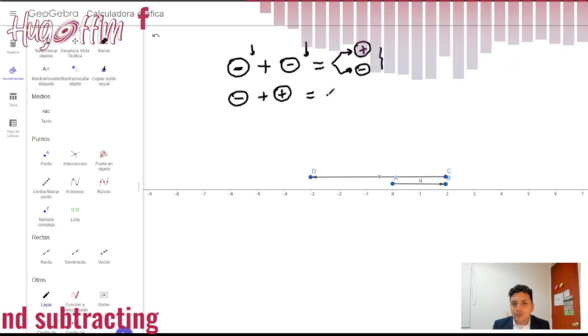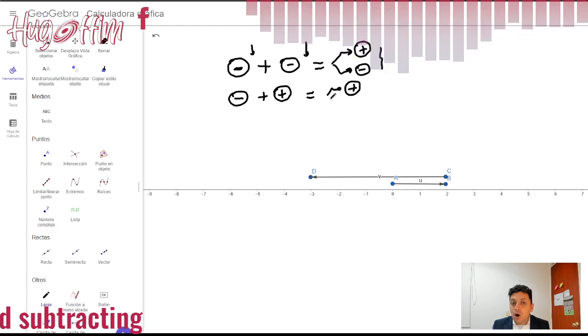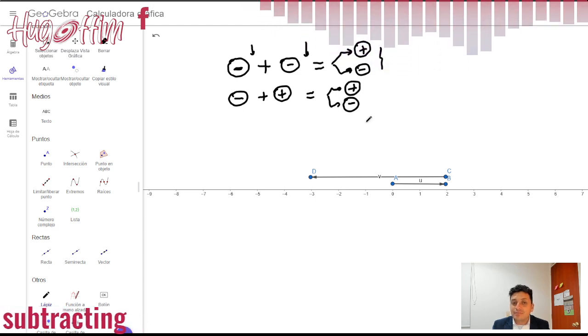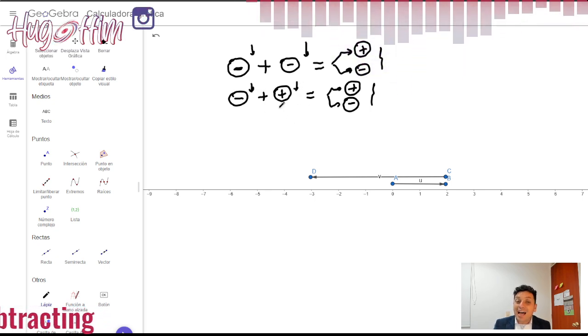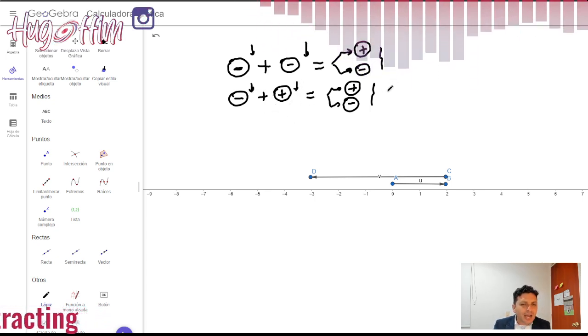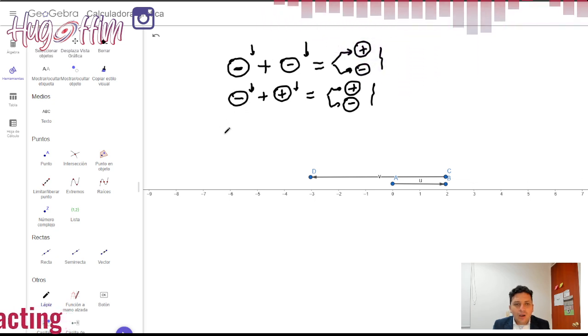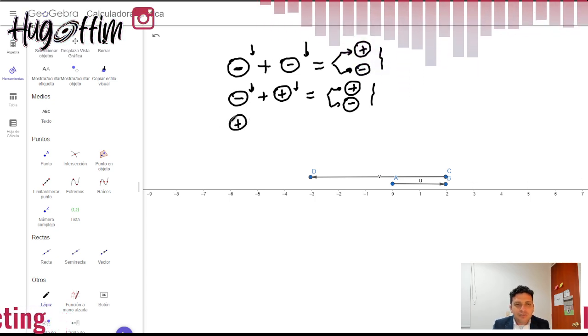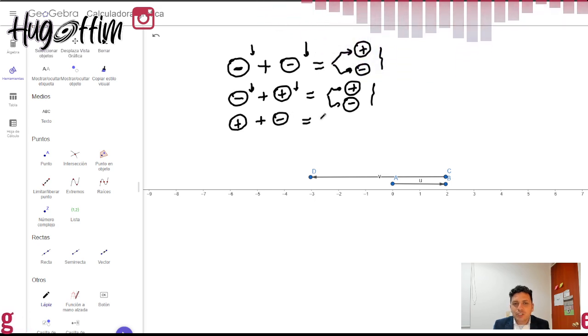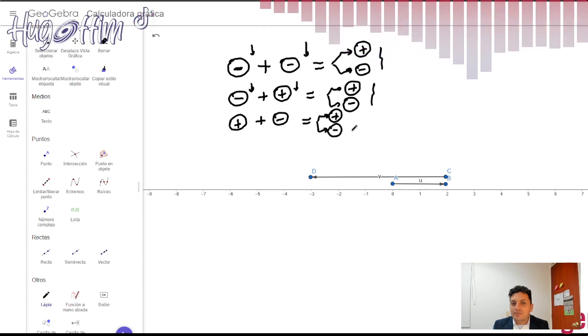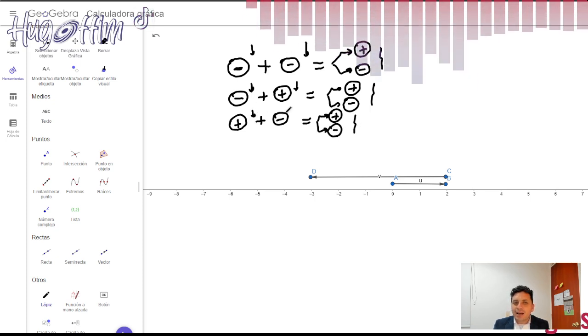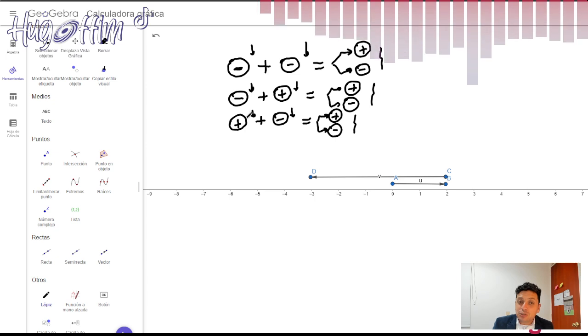What will happen to the answer? Is it going to be positive or negative? And what must you do to the absolute values? Must you add the absolute values or subtract the absolute values? Or imagine what happens if you have a positive number plus a negative number. Same question. Will the answer be positive or negative? And what must you do to the absolute values? Add or subtract the absolute values?